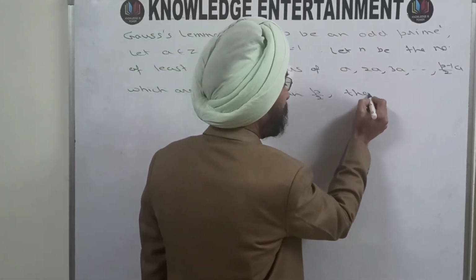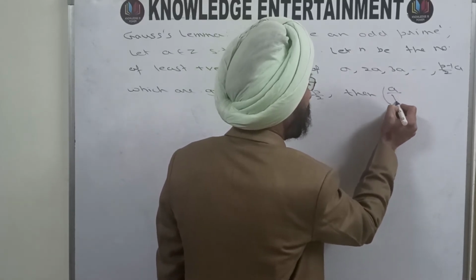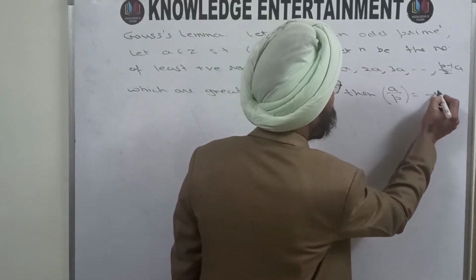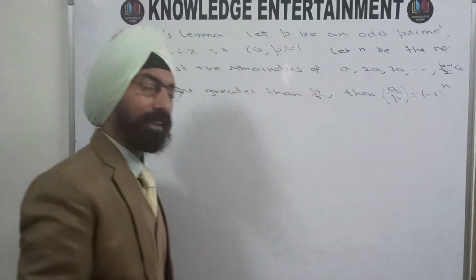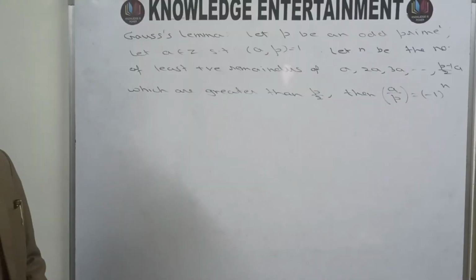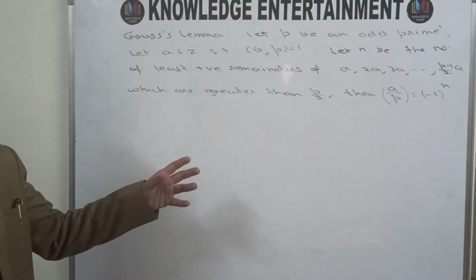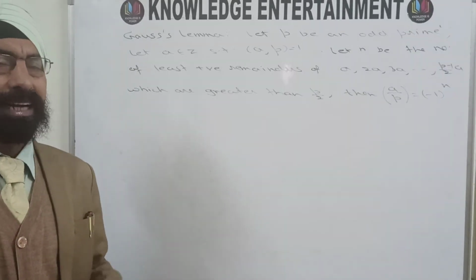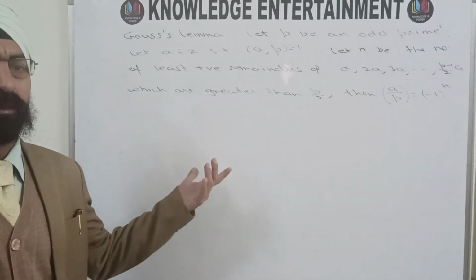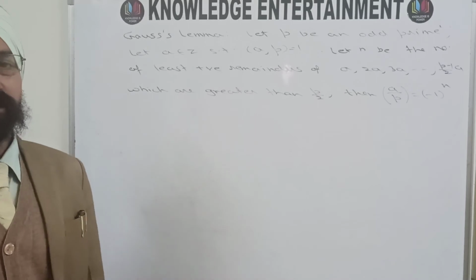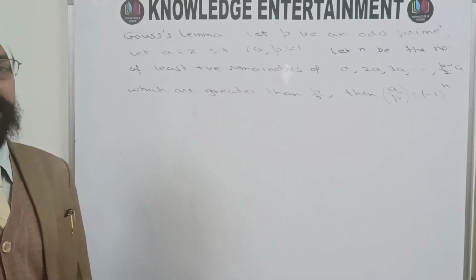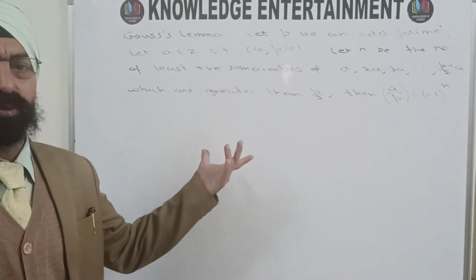Then the value of the Legendre symbol A upon P is equal to minus 1 raised to the power n. So first let us prove this theorem, and then we will have an application of this theorem to find the value of some Legendre symbol A by P. But first we will prove the theorem.